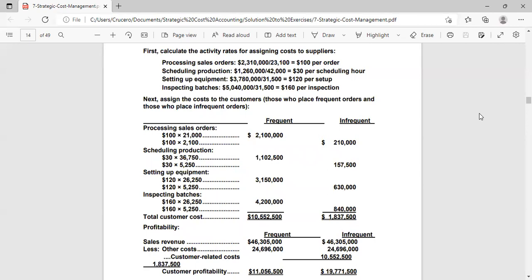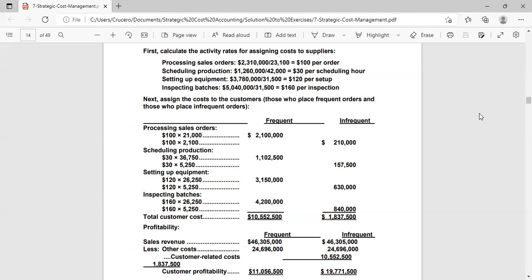Then for setting up equipment, we multiply the rate per setup of $120 by the number of setups. And for inspecting batches, again, we multiply the rate of $160 by the number of inspections.